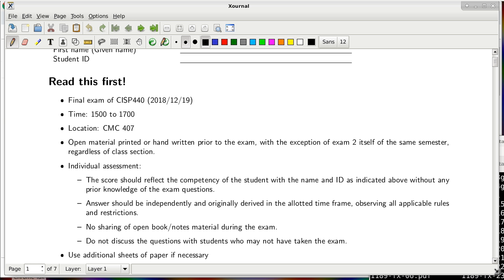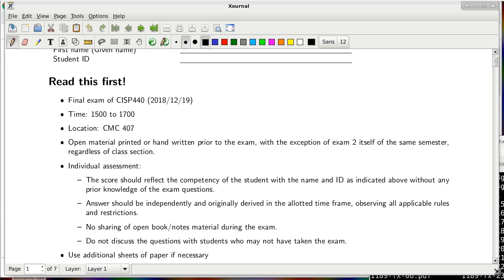Open material, meaning anything that is printed or handwritten prior to the exam, you can bring it here. This actually does not apply. I forgot to change the text. So unless someone is taking the exam late, they cannot get an exam from earlier, by any means.